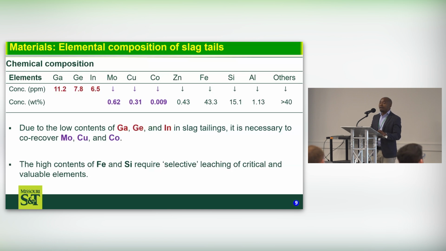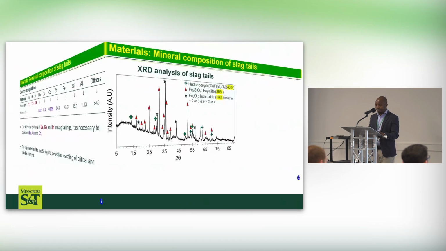But we should be mindful that it contains a high amount of iron, so the process should not dissolve much iron, as this can be a burden to the downstream process. It also contains silicon. You know that silicon is a notorious element that can form silica gel during the process, so we should be mindful of that when coming up with the process.